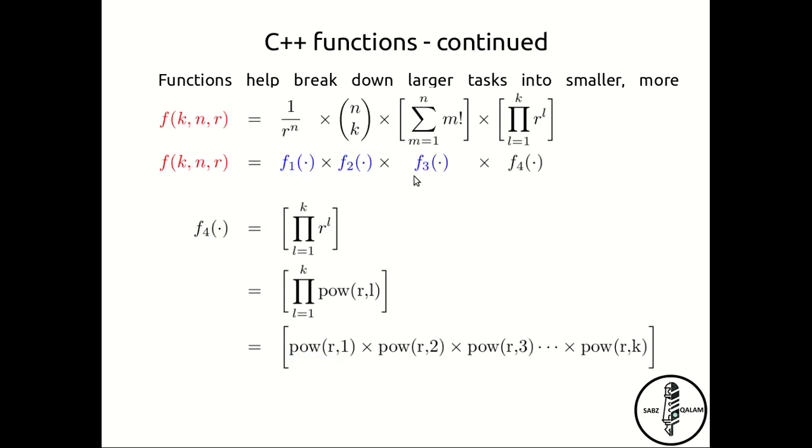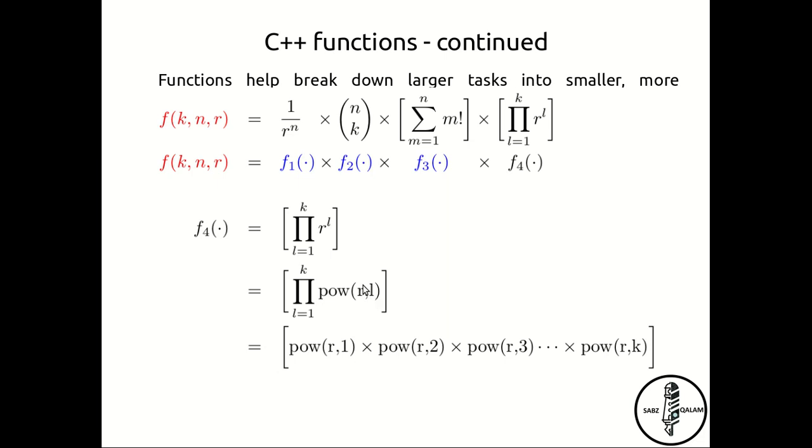Going back to the main function, now we can see 3 of these have been colored blue because we've considered how to write them. So the only function here is function number 4. If you look at this function number 4, the principal component is r raised to the power l, and we've already discussed in function 1 that it's really a power function, and we can put power r comma l here.